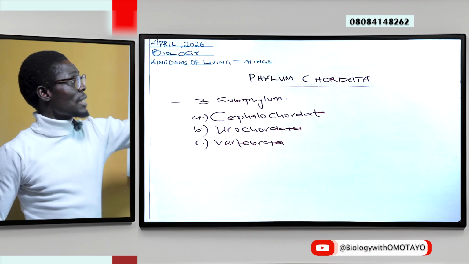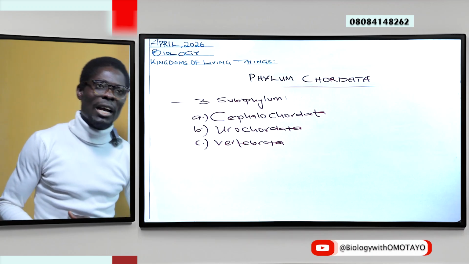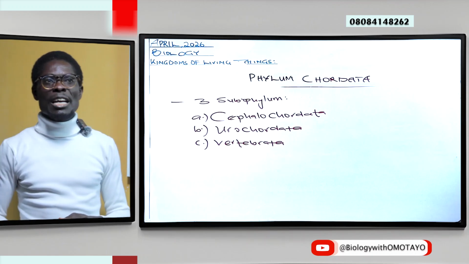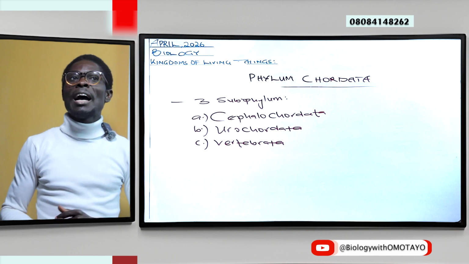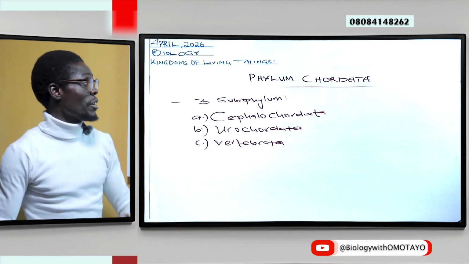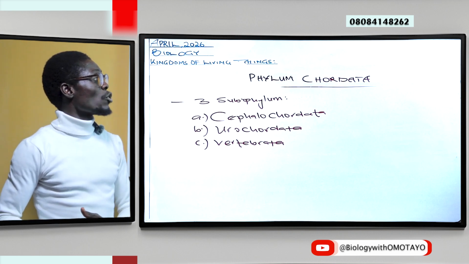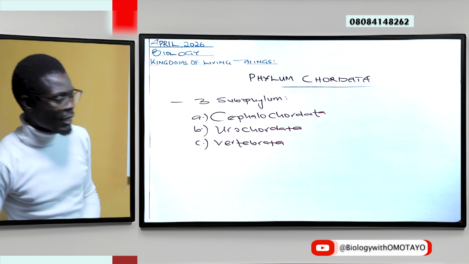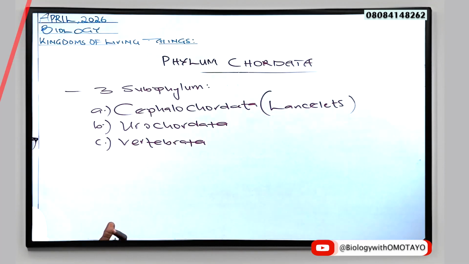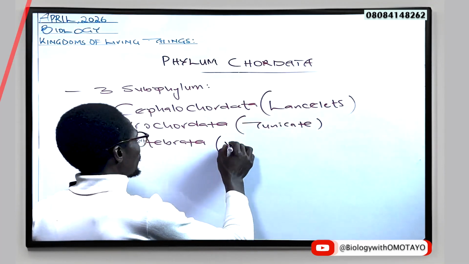We have lancelets as an example for Cephalochordata, tunicates as an example for Urochordata, and then all the various vertebrates as examples under the subphylum Vertebrata.